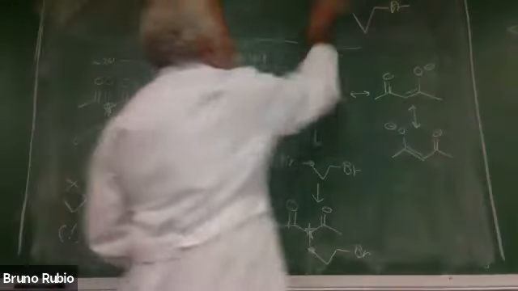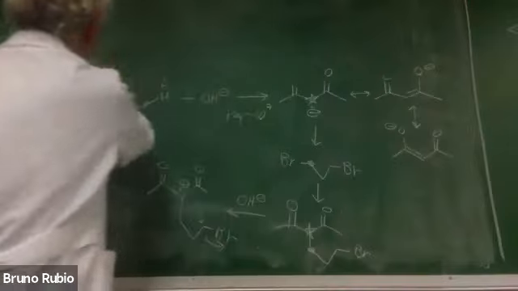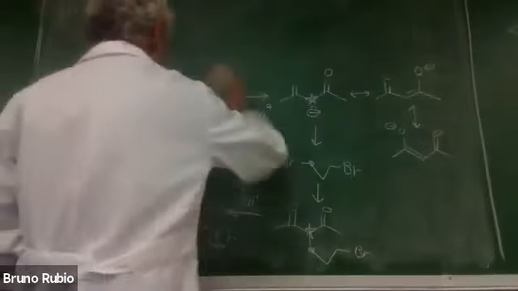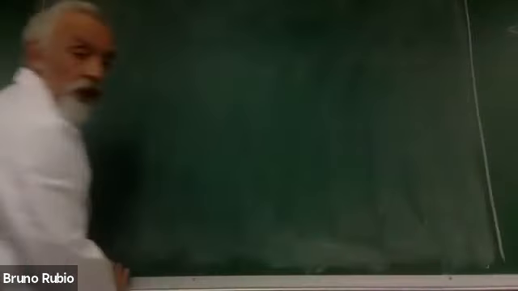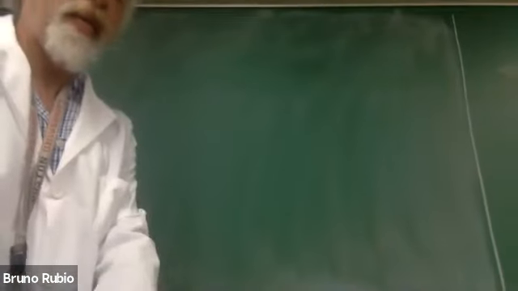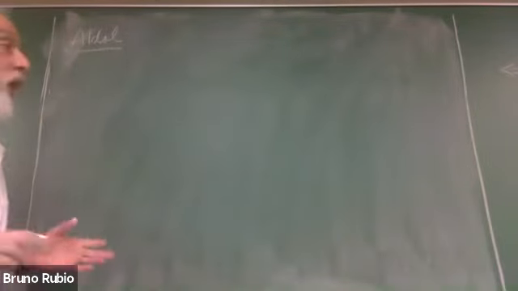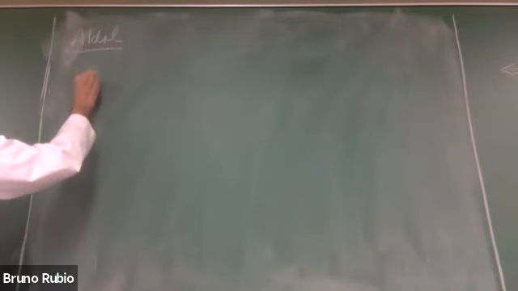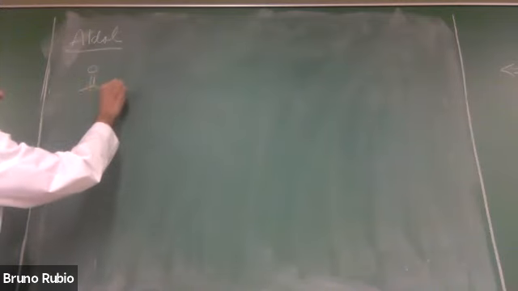So now let's go on to our next reaction. And our next enolate reaction is the aldol. All right, so once again, we start with a carbonyl compound that has an alpha proton on it.